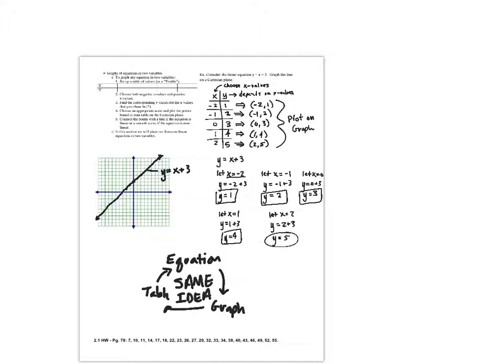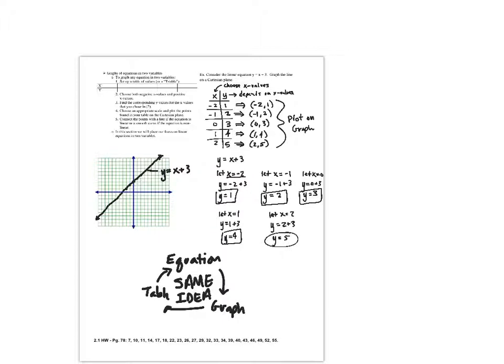Especially when we get into graphing quadratics and rational functions, things that you'll do in 121 and when you take further math classes, like college algebra and stats, and even calculus if you're going to go that far. So understanding that an equation, a graph and a table are the same idea, just different ways of representing the same concept, a relationship between two variables, then you're good to go.